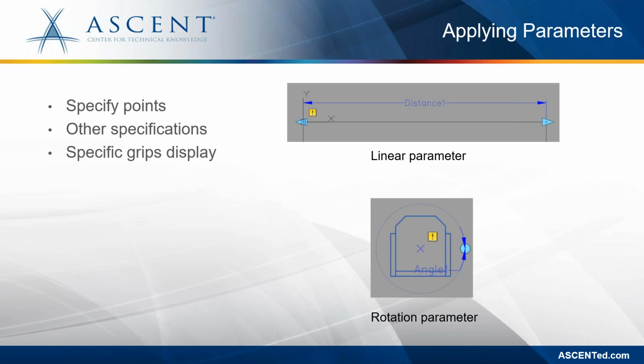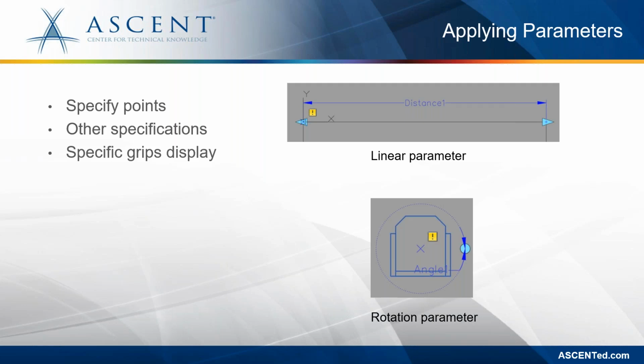But in case of a rotation parameter, you need to specify the base point, radius, and then the angle. As with regular AutoCAD commands, you get prompts here as well. These prompts are pretty straightforward, and you just have to follow them to specify what the parameter needs.